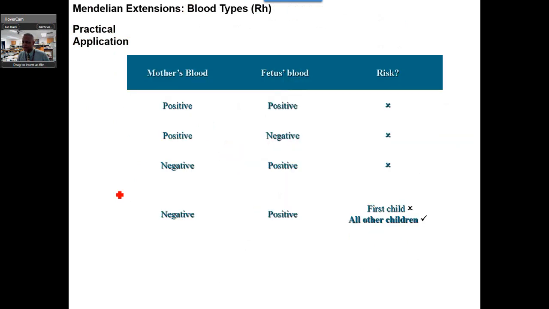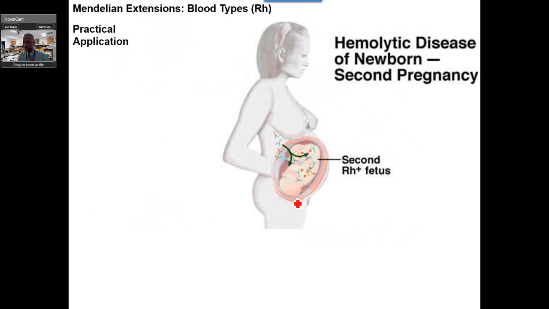In essence, this is talking about the plus or minus Rh factor. If the mother is negative and her first child is positive, nothing is going to happen to that child. But with her second child, she's going to make antibodies against it, and that baby is going to be targeted. It's going to be spontaneously aborted or miscarried.